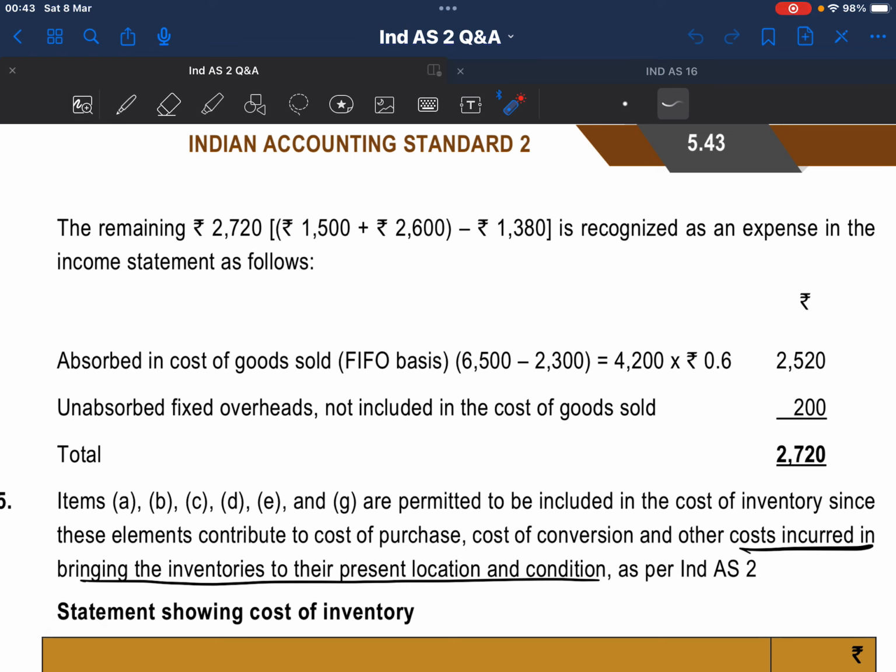Absorbed in cost of goods sold: 6,500 minus 2,300, which gives 4,200 into 0.6, which is 2,520. Unabsorbed fixed overheads not included in the cost of goods sold, which is rupees 200, total 2,720.